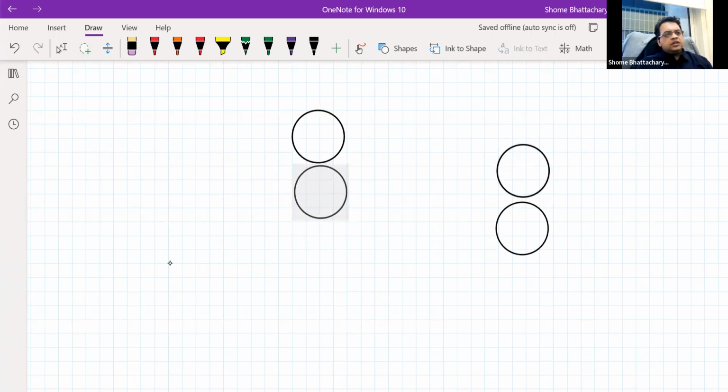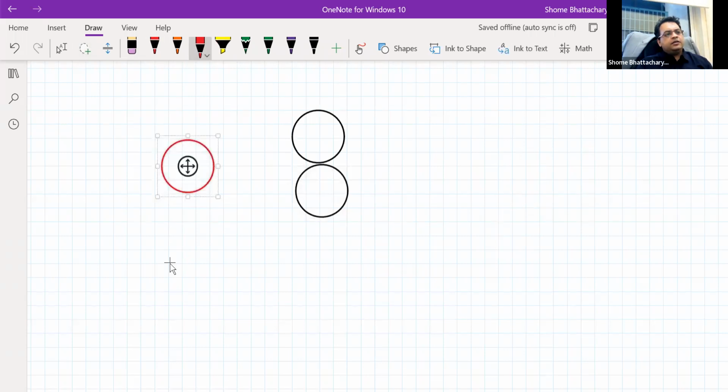So two of these spheres are in contact like this, and they are at rest. And the third sphere, which is also identical, is moving such that its velocity vector is exactly along the common tangent plane. So this third one is moving with a velocity.